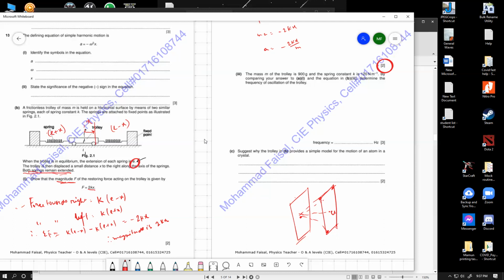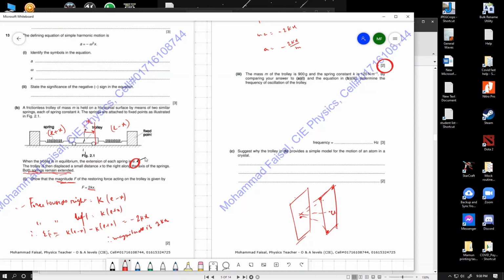I cannot think of a proper wording for this. Okay, I'll try. If I was trying to answer this question, I would write it this way: atoms in a crystal are also fixed in their equilibrium position by means of molecular bonds.